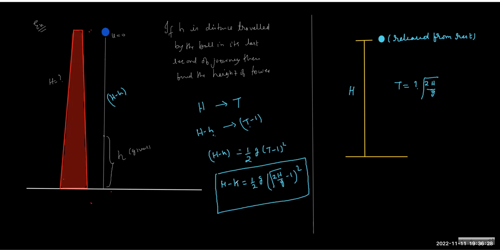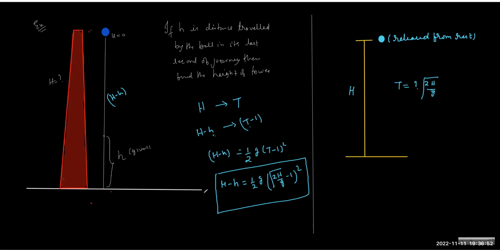Or if you want to solve, you can rearrange and square it, and you can get the answer. The only variable here is capital H. Small h is known to you, g is known to you, and so you can get the answer. Is this clear?